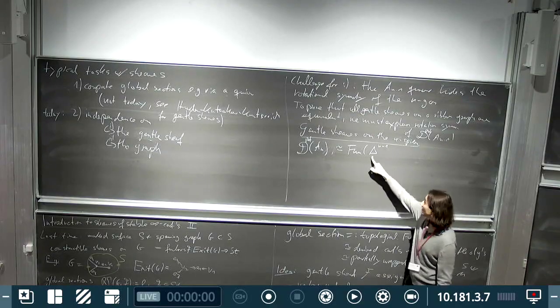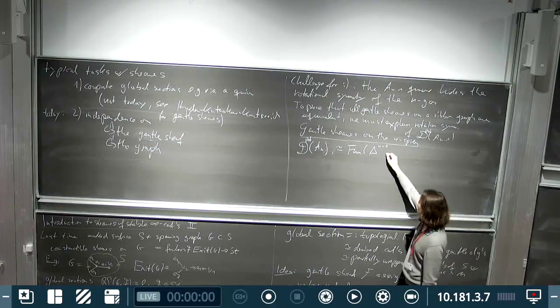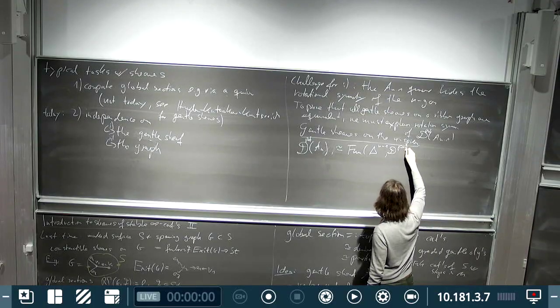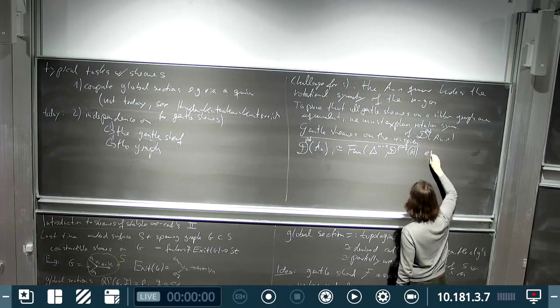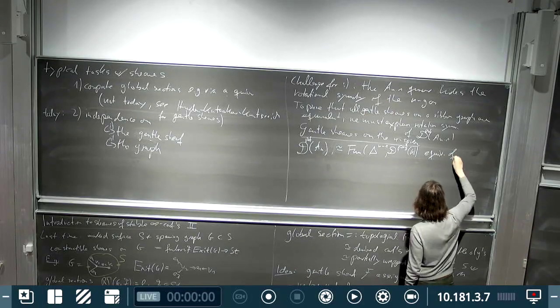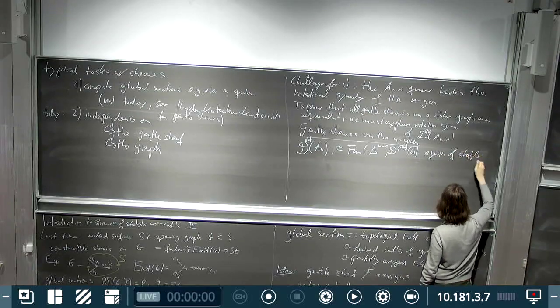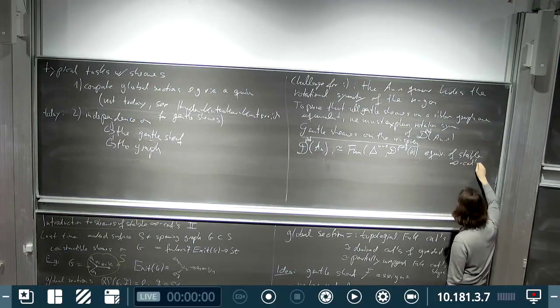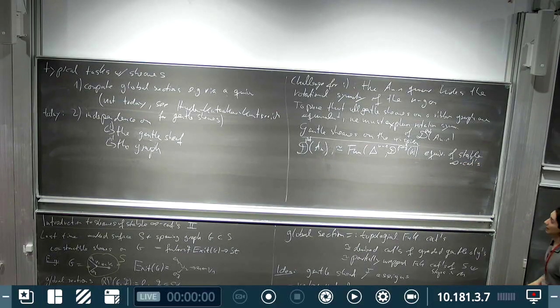AN is the same as functors out of the n-1 simplex into Dperf. This is an equivalence of stable infinity categories.